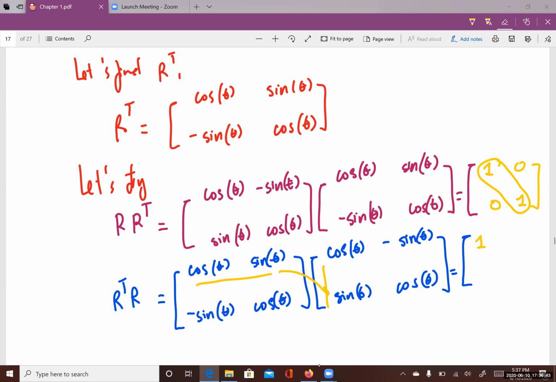Now first row, second column: cosine times negative sine plus sine times cosine, so it cancels out, and so on and so forth.